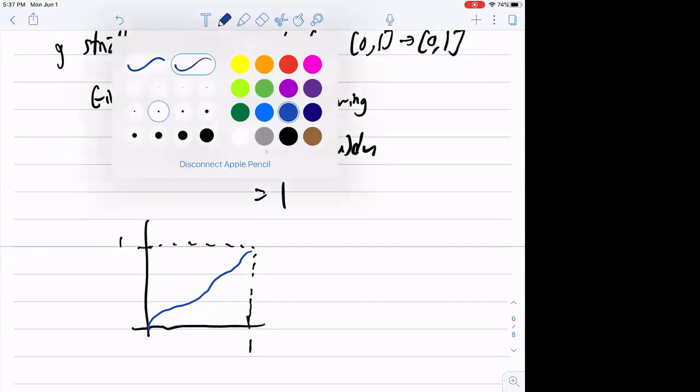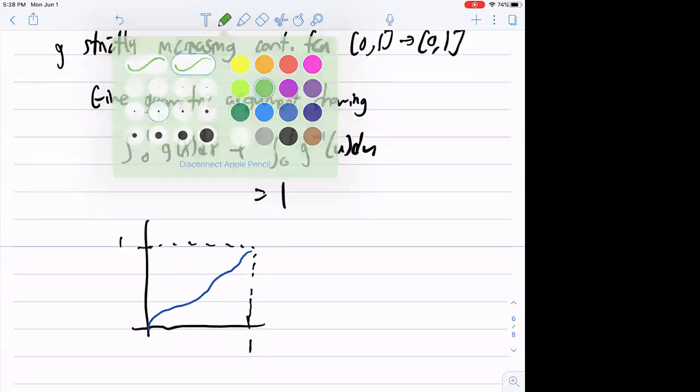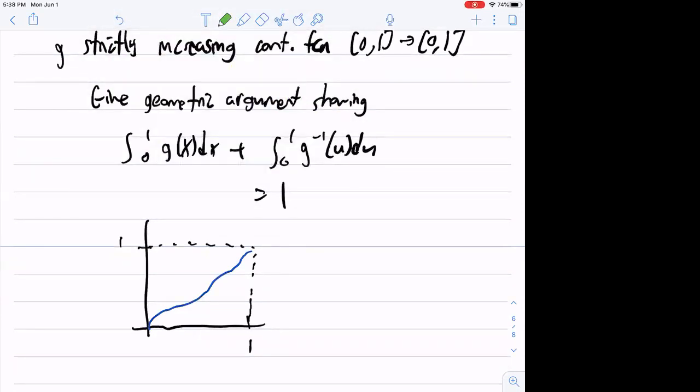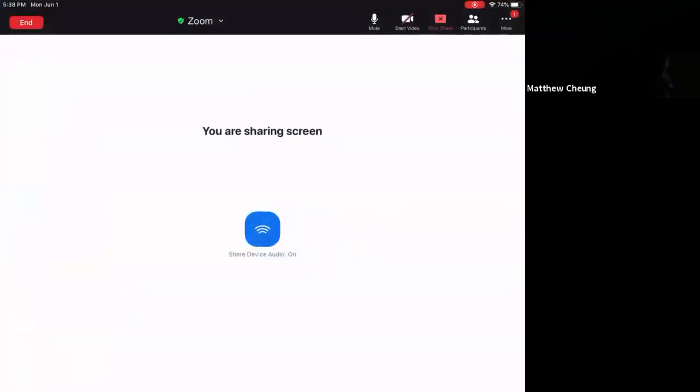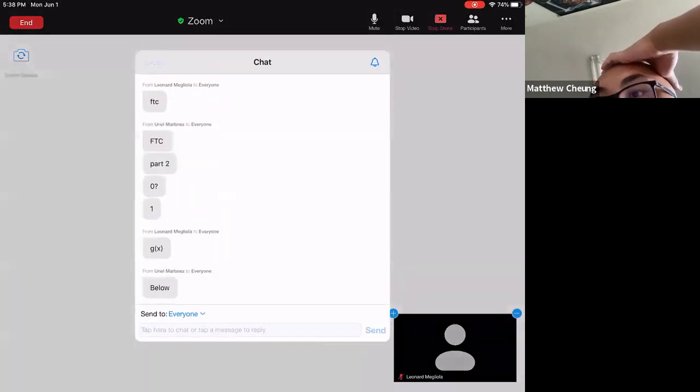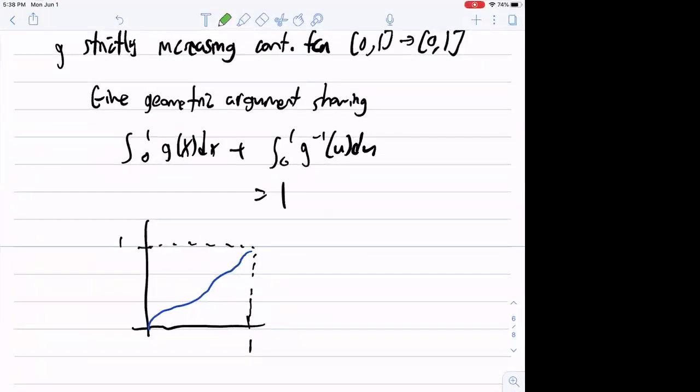What should I shade in for the integral of g? What area am I finding? Yeah, below, right? It's this thing. This thing will give me this.